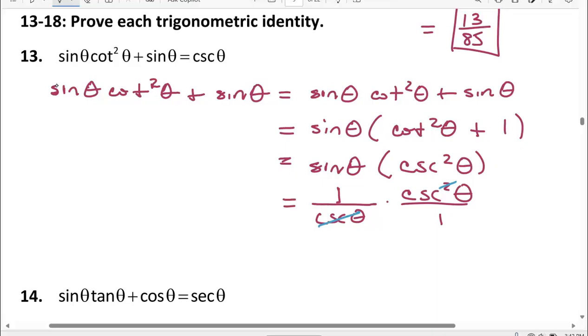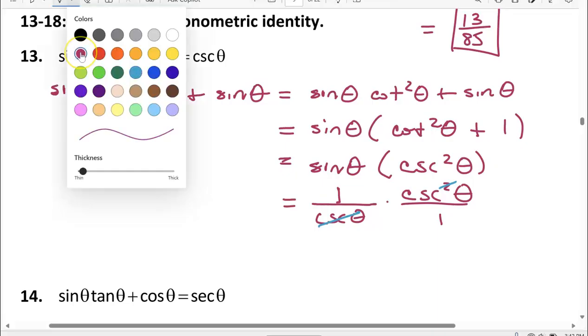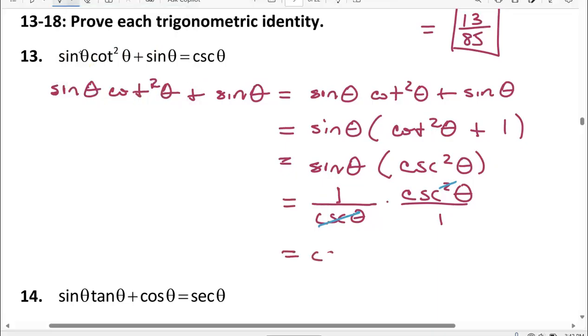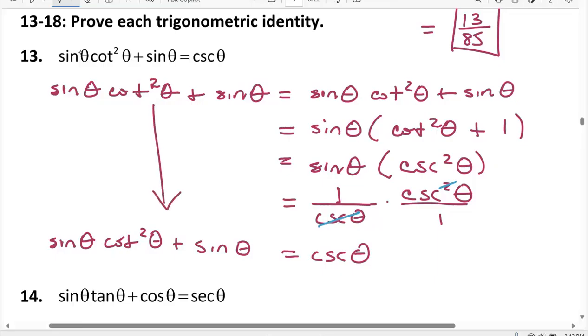One factor of cosecant in the numerator and one in the denominator, and that equals cosecant of theta. And I'm just going to bring down the statement on the left side of the proof, as long as you have that left side written in on your first and last steps, you may use an arrow in between.